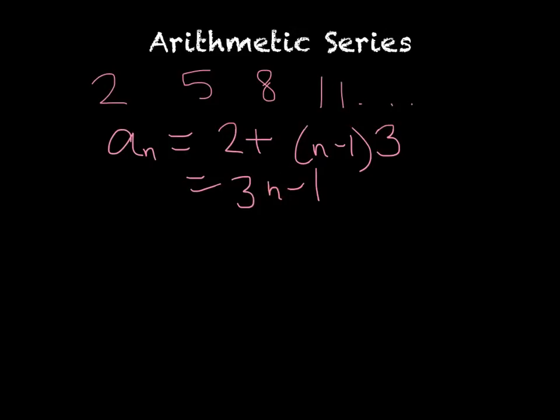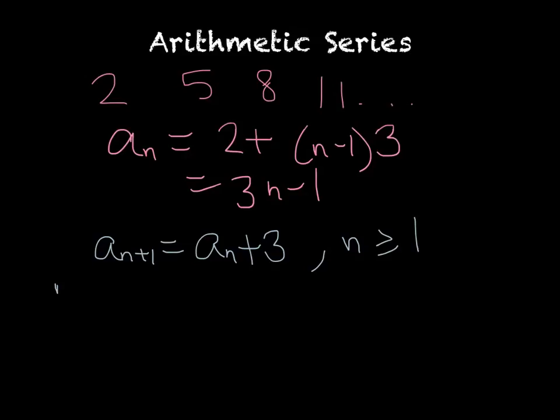Now, what if we want to make a formula that relates each of the terms to the terms preceding it? Then we can see that all of these terms here are equal to 3 plus the preceding term. So that means we can say that a of n plus 1 equals a of n plus 3 for n greater than or equal to 1.